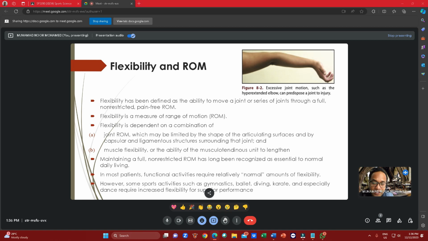Okay, and flexibility is also dependent on a combination of certain factors, such as the first one, joint range of motion, which may be limited by the shape of the articulating surface and by capsular or ligamentous structures surrounding the joint. For example, we have synarthrosis joints, amphiarthrosis joints, and diarthrosis joints.